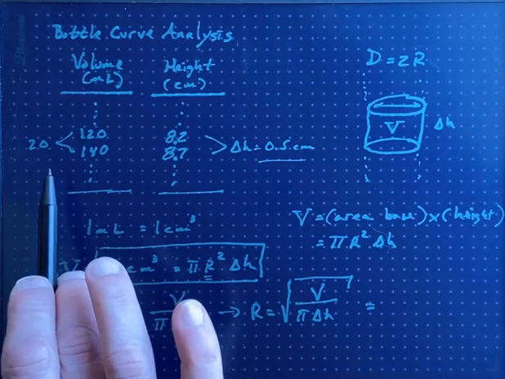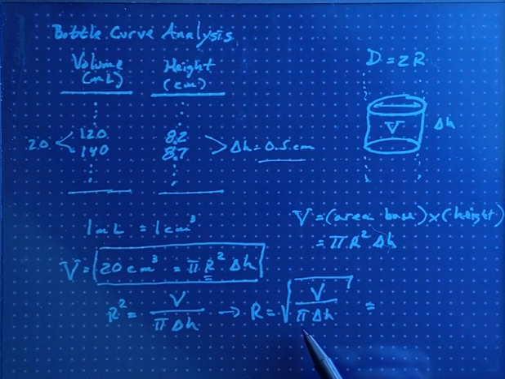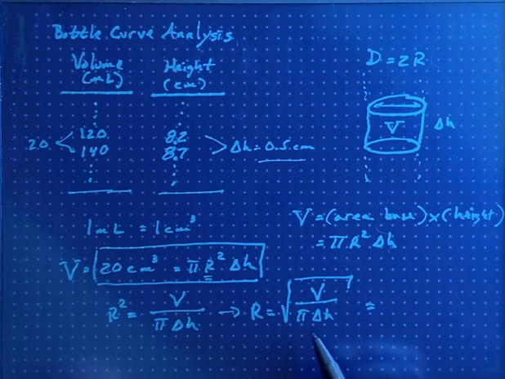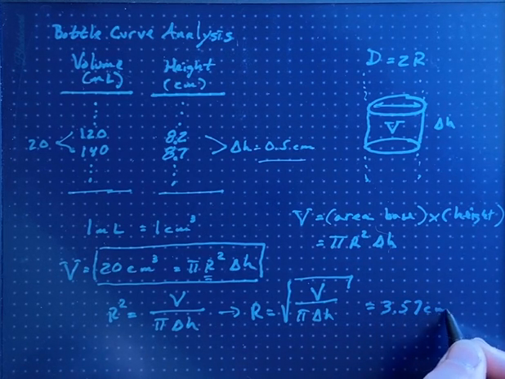So the volume that I add is 20, pi is 3.14, and delta H for this little snippet of the experiment is 0.5 centimeters. You have to have cubic centimeters and centimeters here. So if you plug in 20 and pi and 0.5 and take the square root, I think you get 3.57 centimeters.